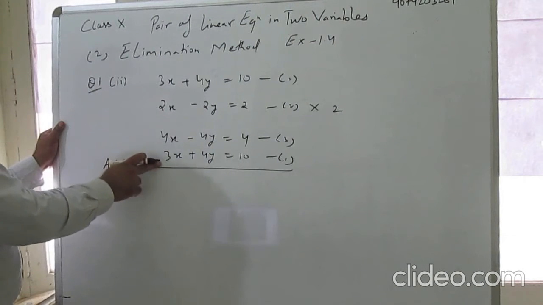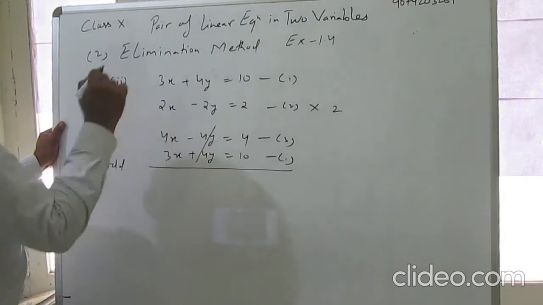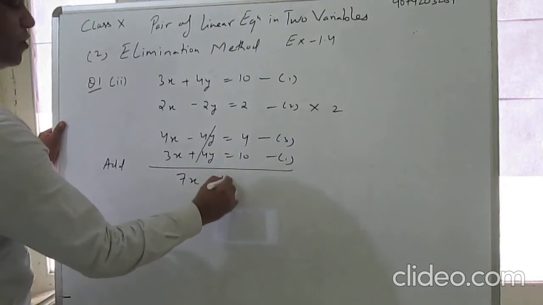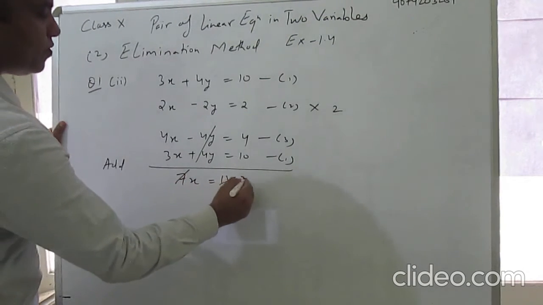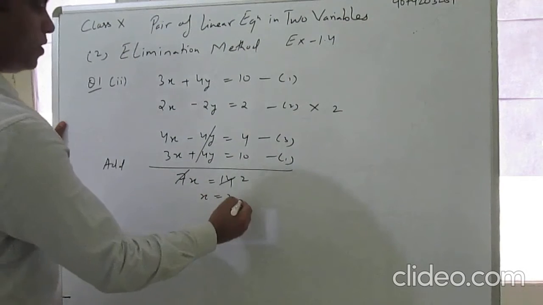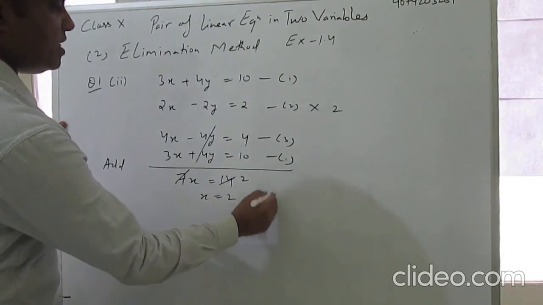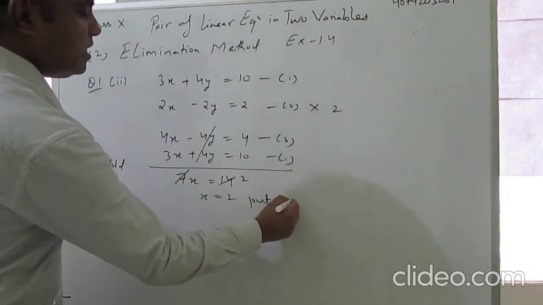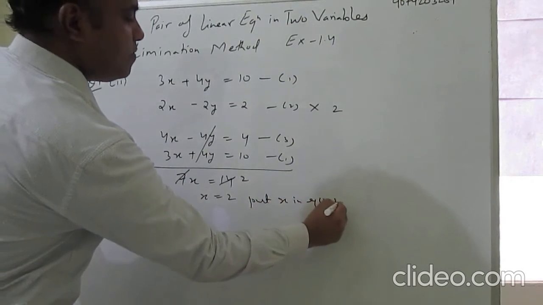We add these two equations. When we add, the sign does not change. Add it. Here it is 7x and here it is 14. This 7 cuts 14, so x is equal to 2. Now, putting the value of x in any of the two equations, put the value of x in equation 1.